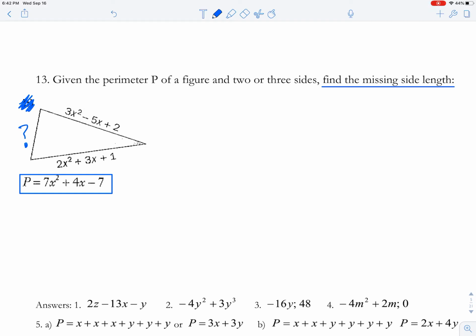So my first step is going to be to add up our two known sides. And if we add them up, let's see, I'm going to collect like terms.